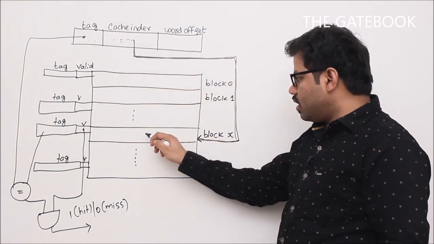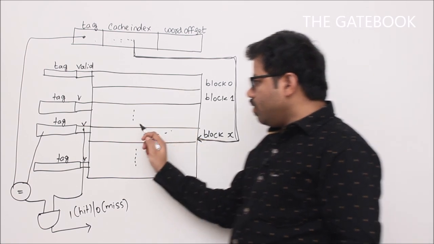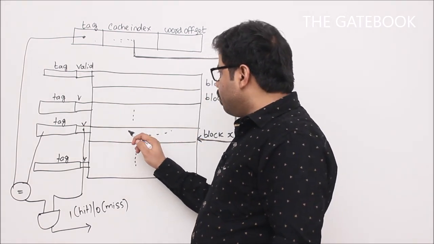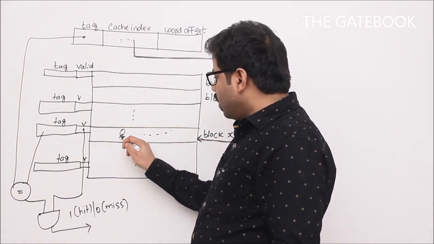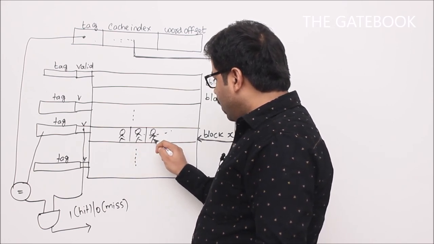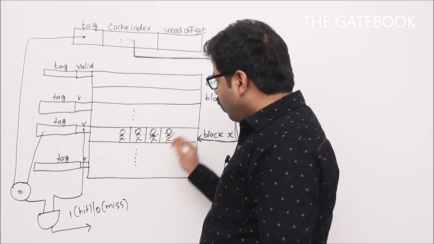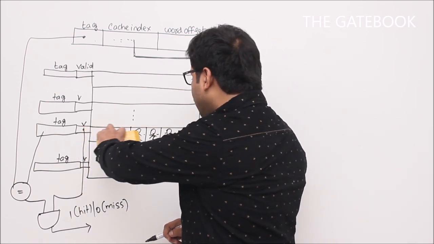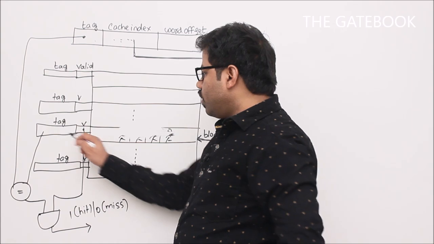There will be multiple candidates here, and we don't know whether our candidate is present or not. So we check the tag field.